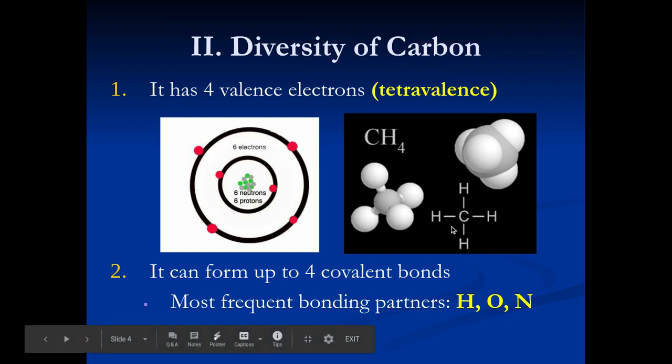So this right here is the most basic of all organic compounds, the C with 4 hydrogens attached to it. Here's 1 carbon with 4 things attached to it, and that's called methane. And methane is one of the simplest hydrocarbons.